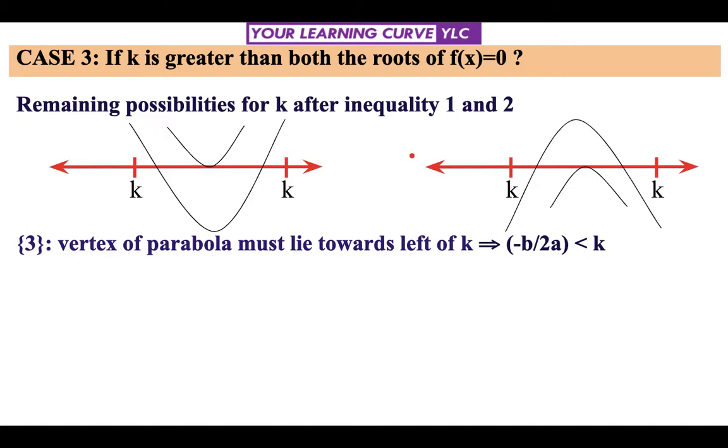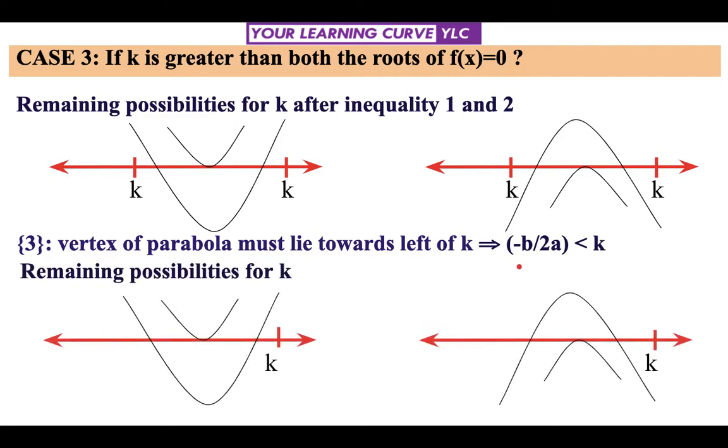The first inequality, D greater than or equal to 0, ensures that the roots exist. A into f(k) greater than 0, a f(k) positive, ensures that k lies outside the roots, and minus b by 2a less than k ensures that k lies towards the right side of the parabola, that is, k is greater than both the roots of the parabola.